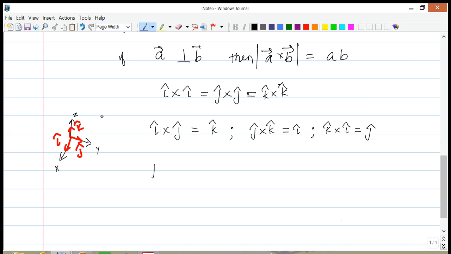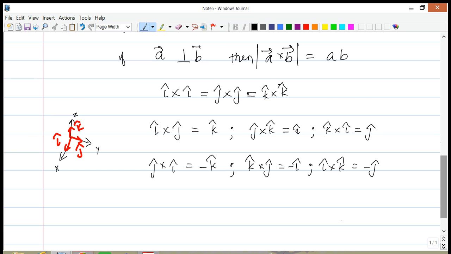On the other hand, J cross I ends up giving you negative K, K cross J ends up giving you negative I, and I cross K ends up giving you negative J.